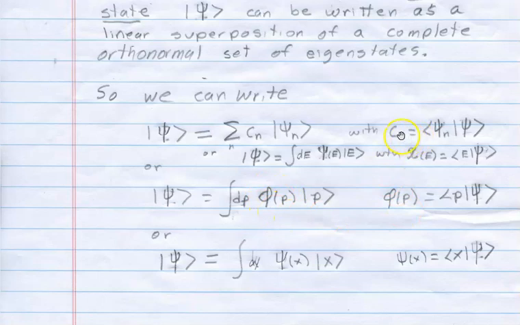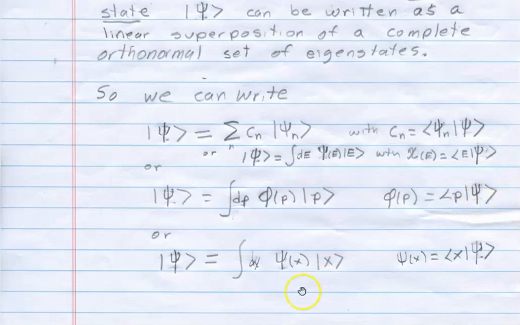And again, just like we get the Cn's up here by taking one of these as a bra vector and inner producting with psi to get this, that gives us the Cn's. And we can do likewise here to get this phi. It's just the inner product of the bra momentum eigenstate with the state that we're expanding.